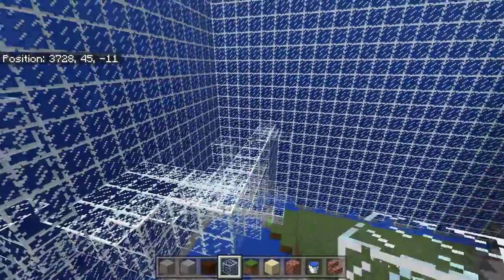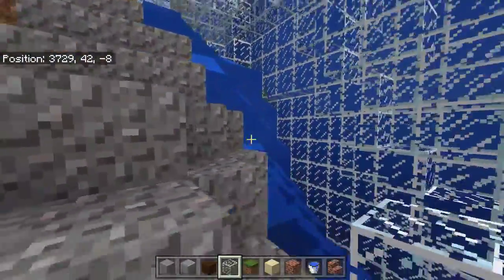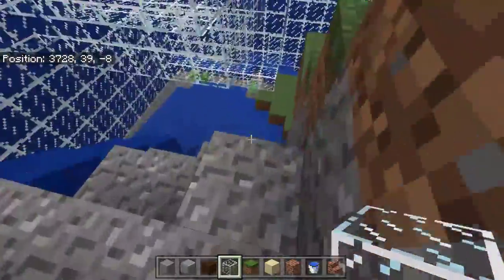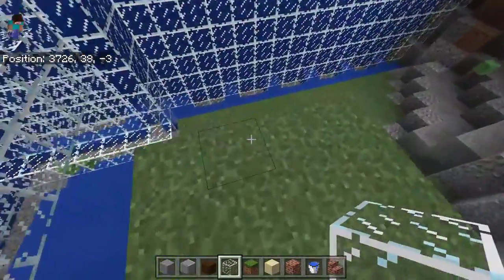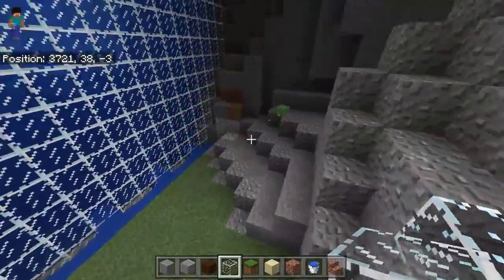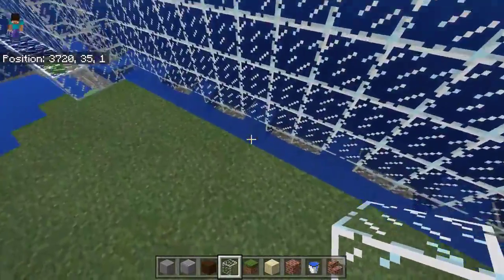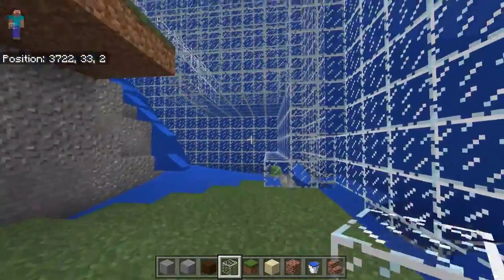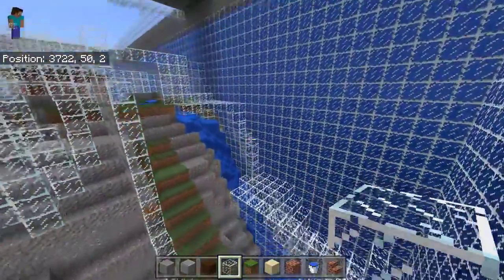So this glass sort of zigzag shape here will have water above, and there'll be water on the sides, but this glass staircase follows the waterfall down to the bottom, and then we have this underwater waterfall and river. You can see where the water is coming in the sides there.